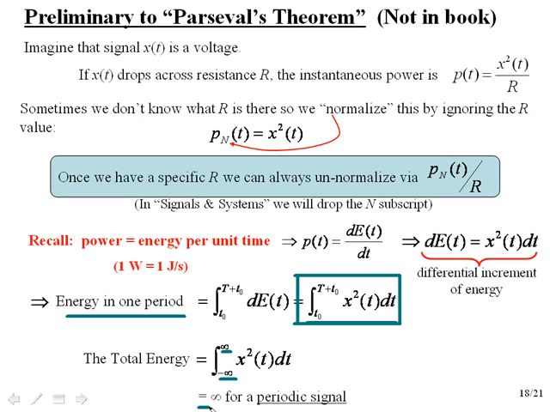So we've just established through a simple argument that the total energy of a periodic signal is infinite. So we usually focus just on the energy in one period. We state the energy in one period. It kind of gives us an idea of how strong this signal is.